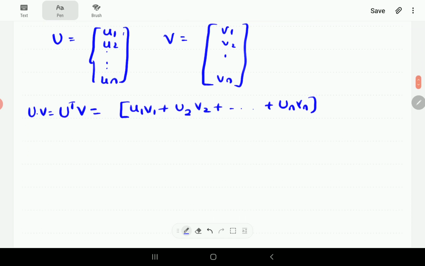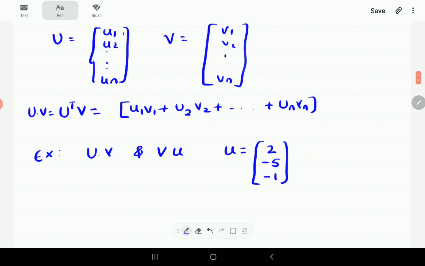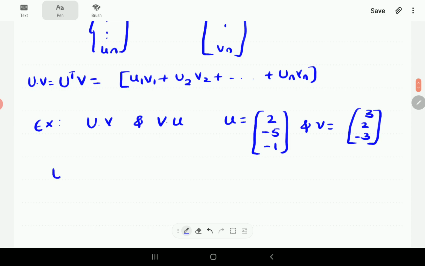For example, let us consider an example. Compute u dot v and v dot u when vector u is 2, -5, -1 and v is equal to 3, 2, -3. Now let us find u dot v.